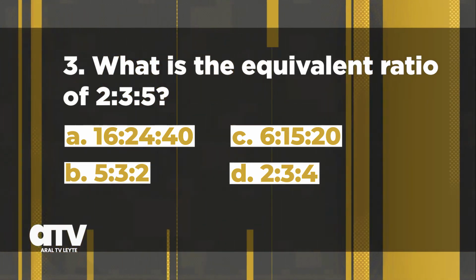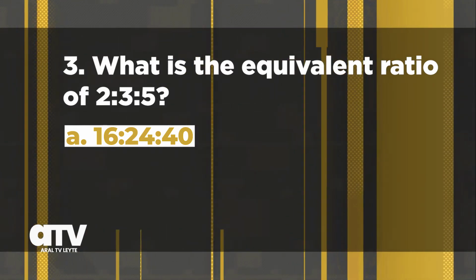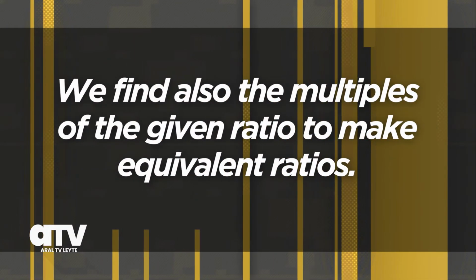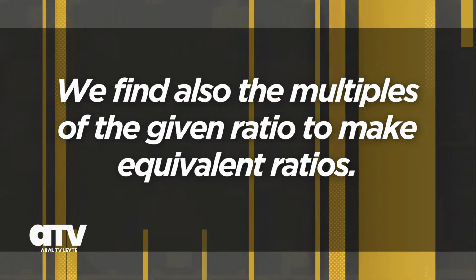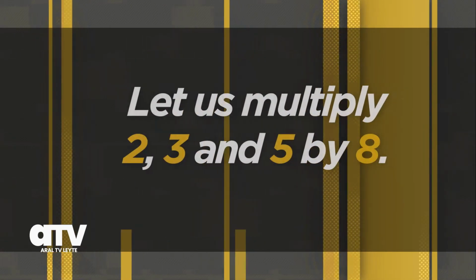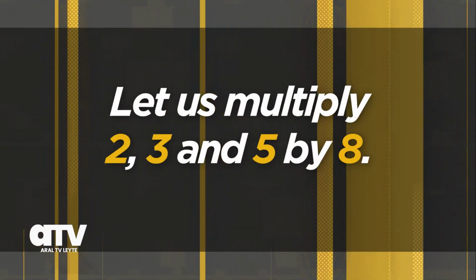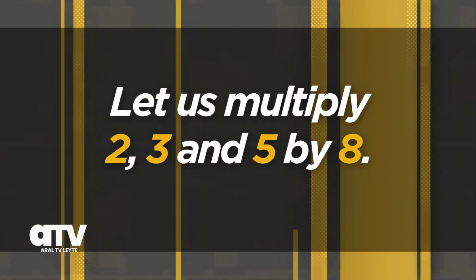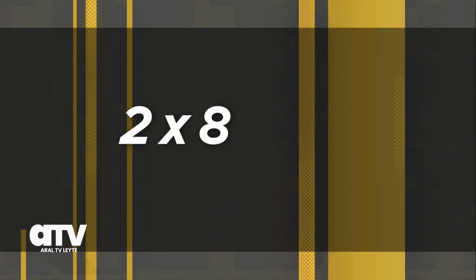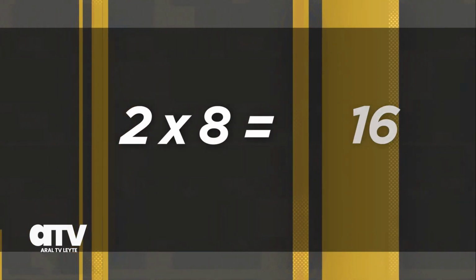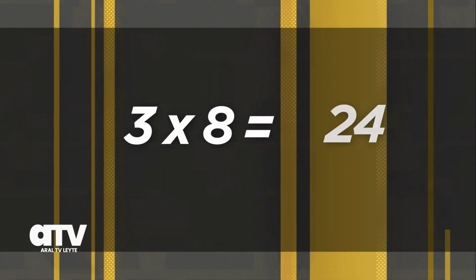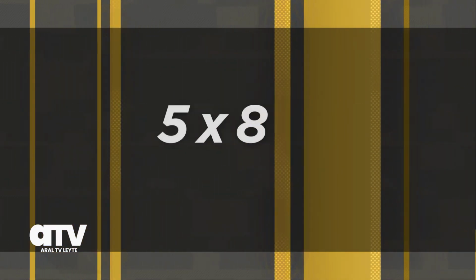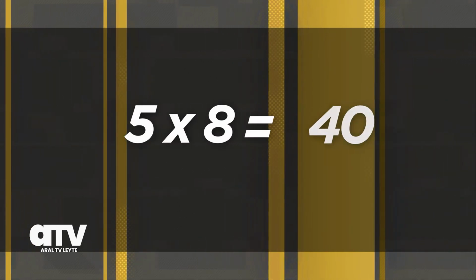A. Good job! It is A. We find also the multiples of the given ratio to make equivalent ratios. Let us multiply 2, 3, and 5 by 8. 2 times 8 is equal to 16. 3 times 8 is equal to 24. 5 times 8 is equal to 40.